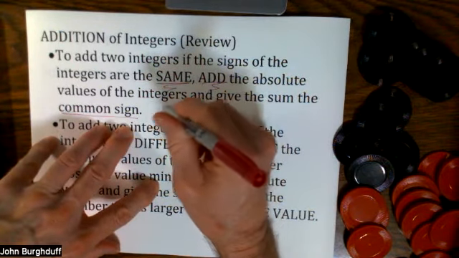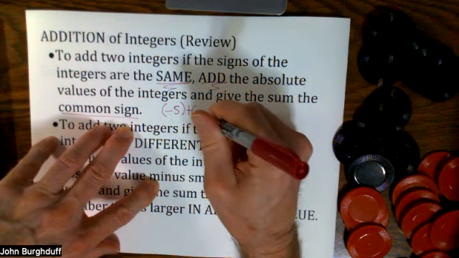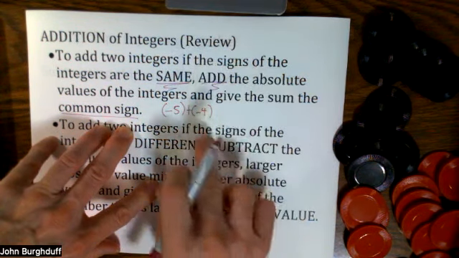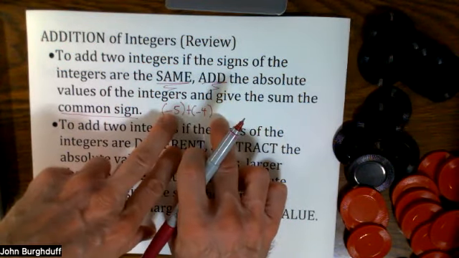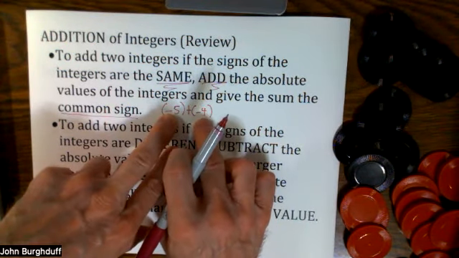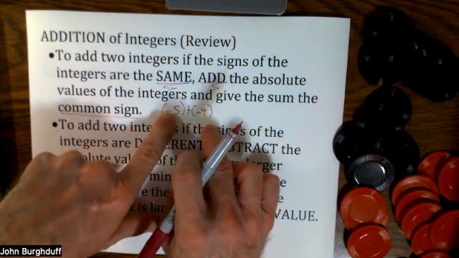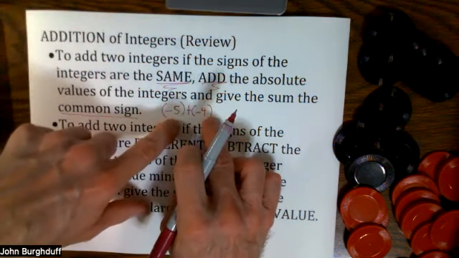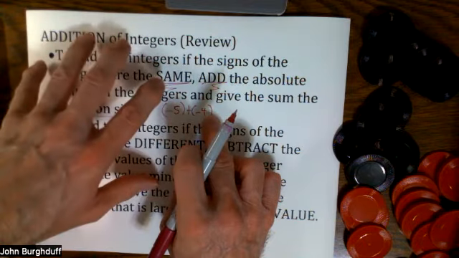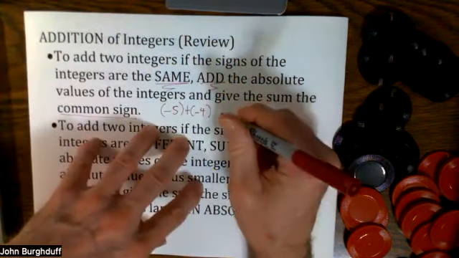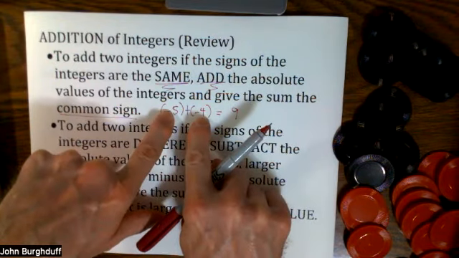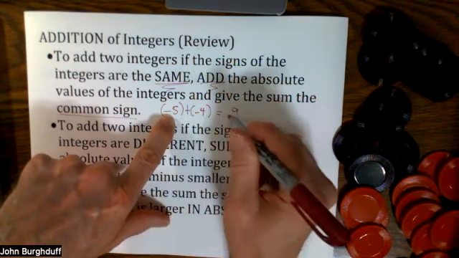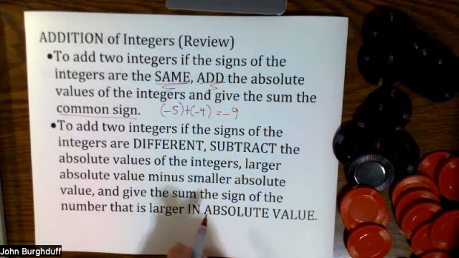What if we had -5 plus -4? Those are two integers that have the same sign. If I add them, I add the absolute values. So the absolute value of -5 is 5. The absolute value of -4 is 4. 5 plus 4 is 9. But the sign you give your answer is the common sign, the sign that both of these numbers have. That's a -9.